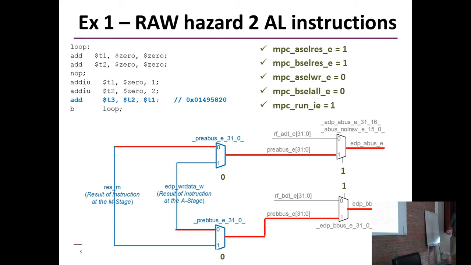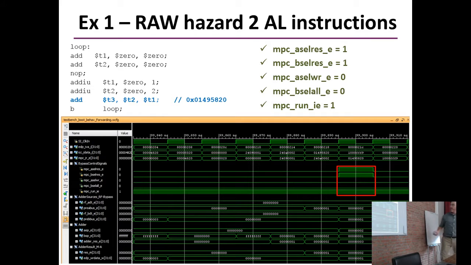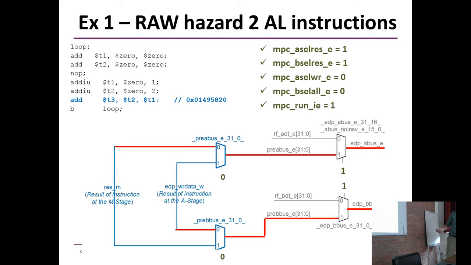Here you have highlighted the paths that will provide the values to operate with. And here you can see a simulation. Again, please open it on your screen. You can see that for all the instructions, these signals are always 0. 0 means that we use the values from the register file.